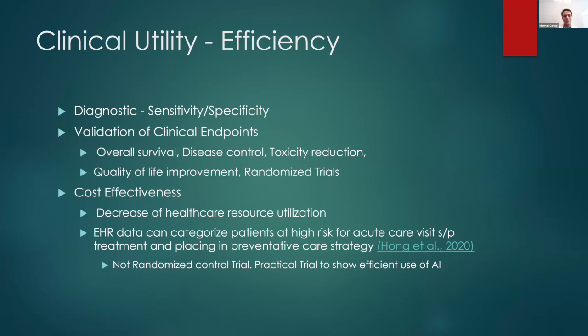It would be great if we could give everyone in the world the best healthcare possible, but that's not a reality. And the goal of AI would be to decrease healthcare resource utilization. We need to spend less money, as always.